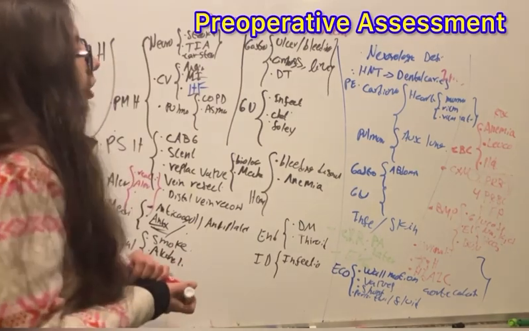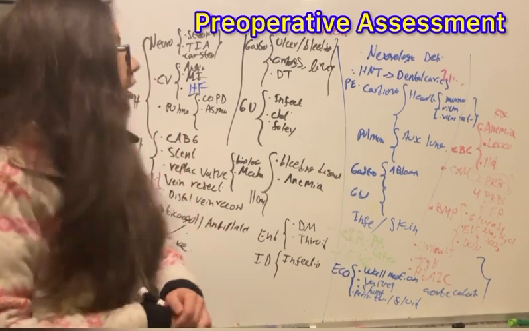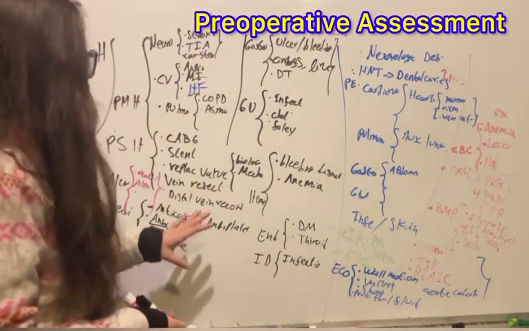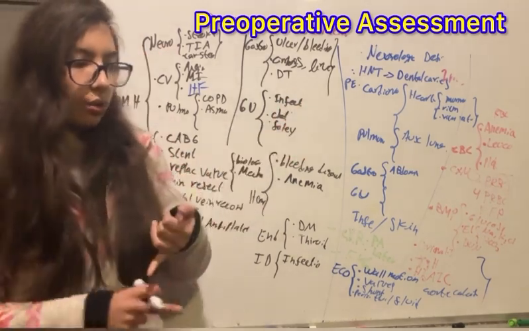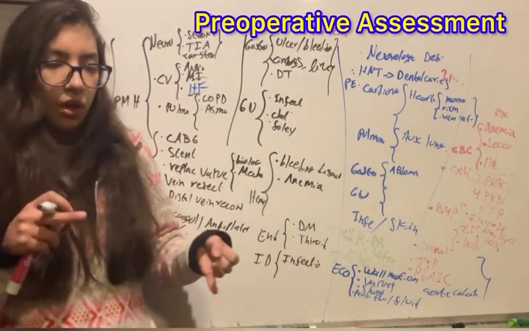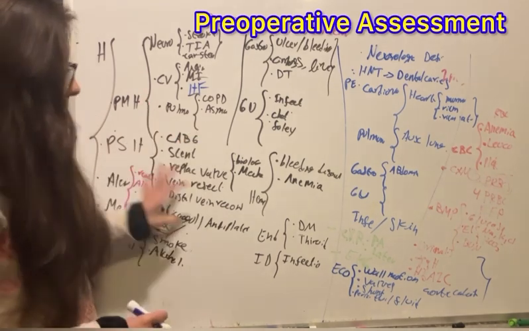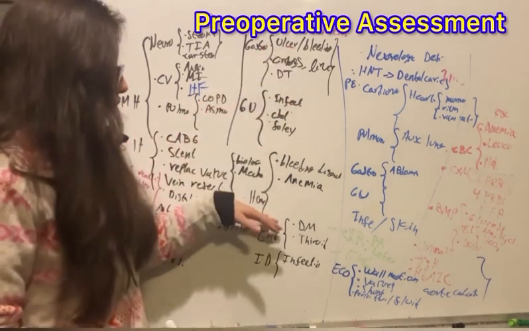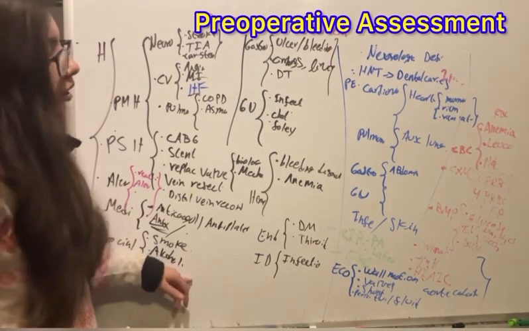So basically, preoperative assessment of a patient undergoing cardiac surgery is a complete physical examination, with most attention to any neurological history, either stroke or transient ischemic attack, any cardiovascular history, myocardial infarction, heart failure, COPD, asthma, any allergies, any bleeding history, ulcers or bleeding disorders, and if the patient smokes, obviously.